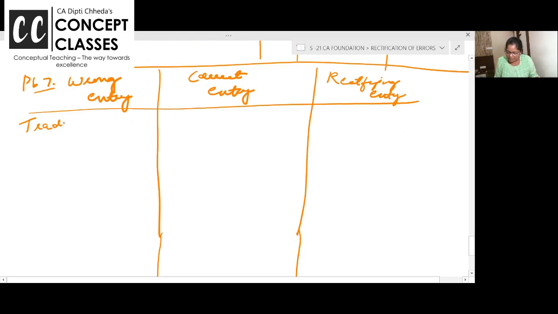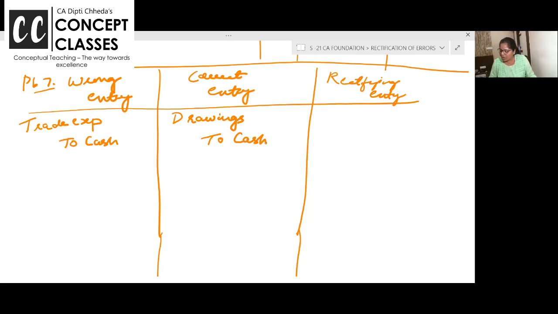What they have done? Trade expense debit to cash. What actually we should do? Drawings to cash. Now drawings should be debited, not debited. Now you debit it. Cash should be credited. It is credited correctly, no problem.